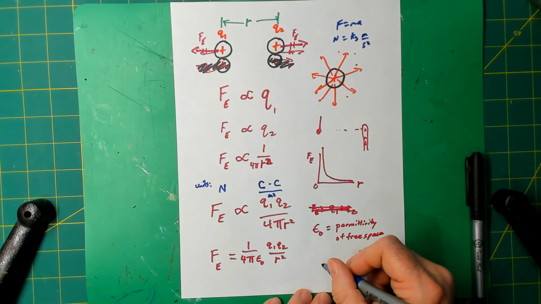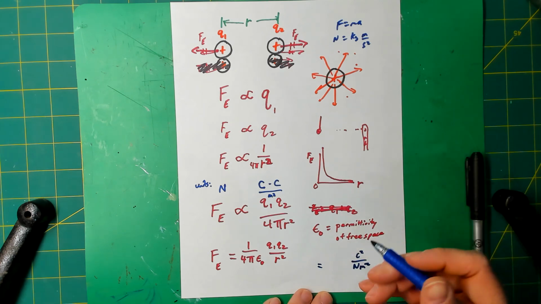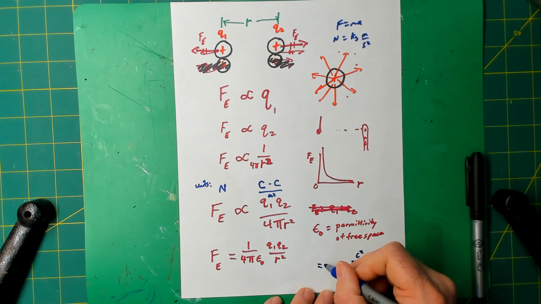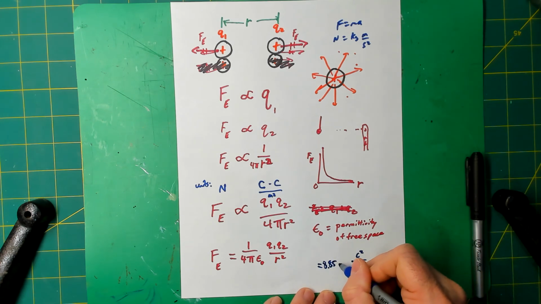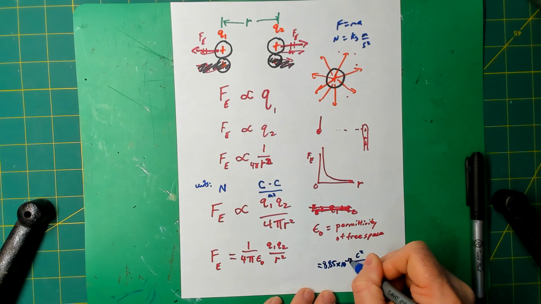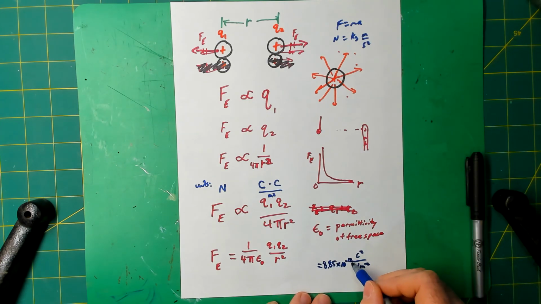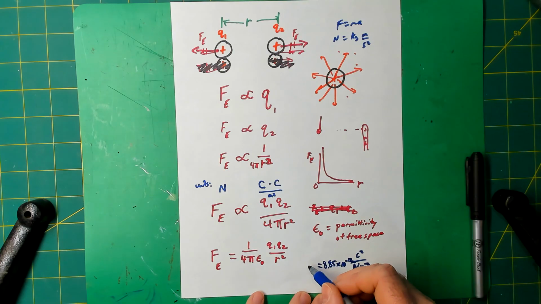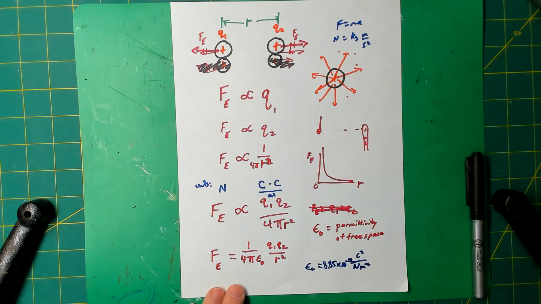And when you do the math and calculate this, epsilon naught comes out to be equal to 8.85 times 10 to the negative 12 Coulomb squared per Newton meter squared. That's the value for epsilon naught, right? So if I calculate this out, putting my distance in meters and my charges in coulombs, they'll cancel out, and because I'm dividing by this, it'll flip, and I'll get newtons out for force. Okay, so that's the way that this works.